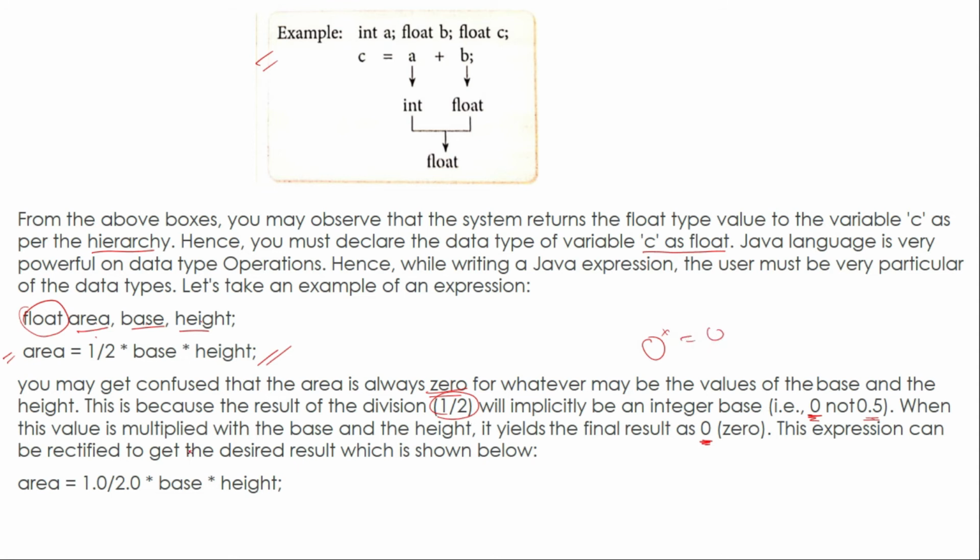So this expression can be rectified to get the desired result, which is shown below. That means we have to write 1.0 in place of 1 and 2.0 in place of 2. Why? You must know why the float data type is used. It is used to store decimal values. So we have to write 1 by 2 as a decimal value only.